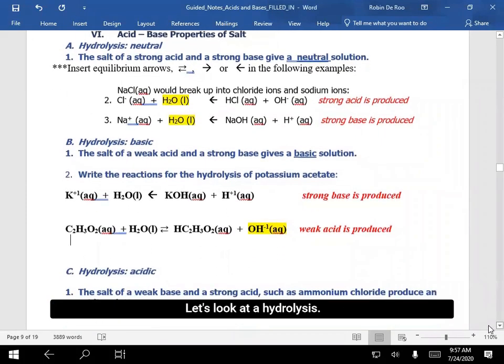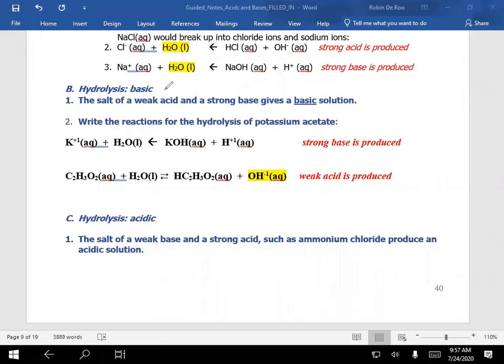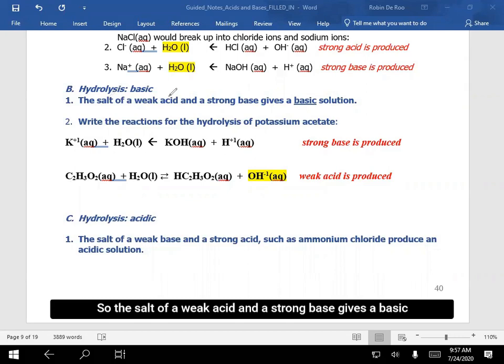Let's look at a hydrolysis that would be classified as basic. The salt of a weak acid and a strong base gives a basic solution. We're going to look at the hydrolysis of potassium acetate.